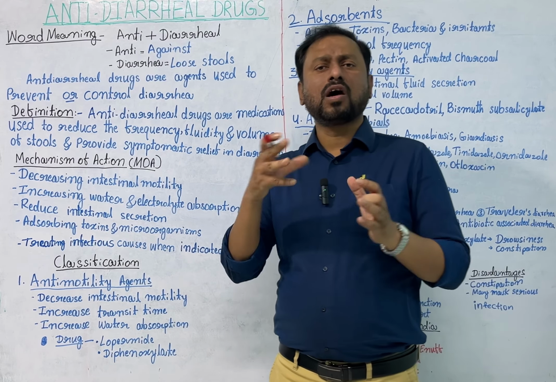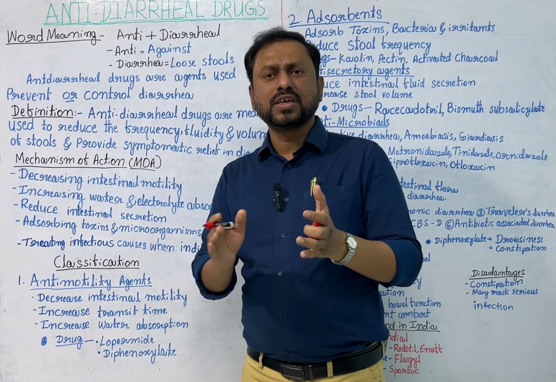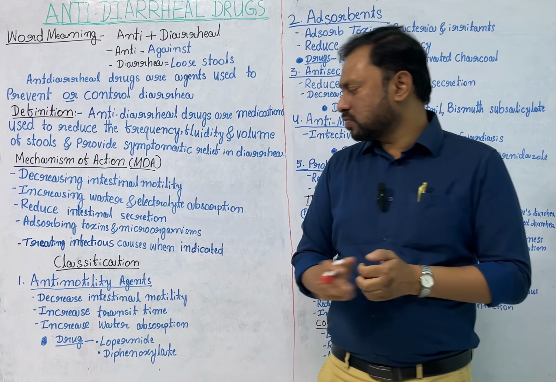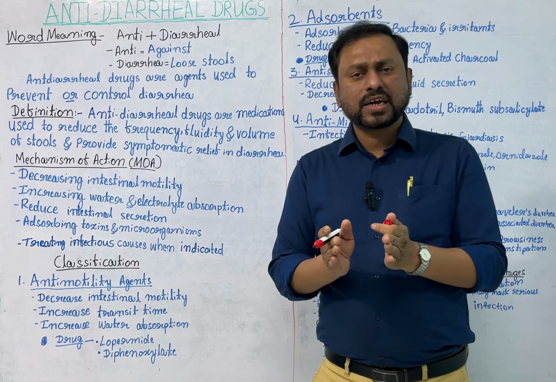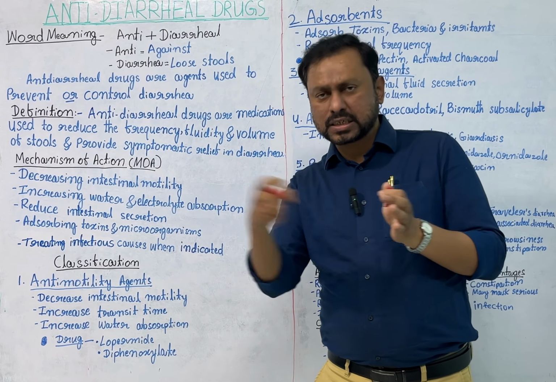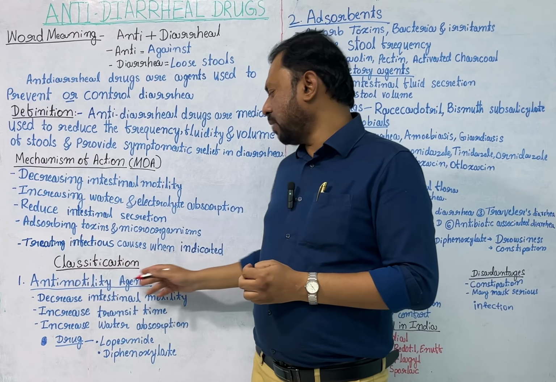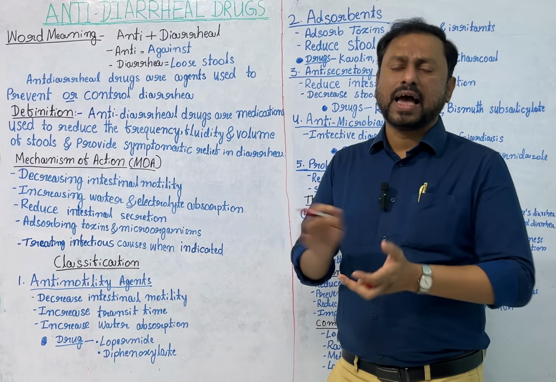It means that all the water and nutrients are absorbed because the speed is reduced. That's why it increases the transit time. The next one, increased water absorption, because it will take time. That's why the intestine starts absorbing the water. This is how this class of drugs acts.